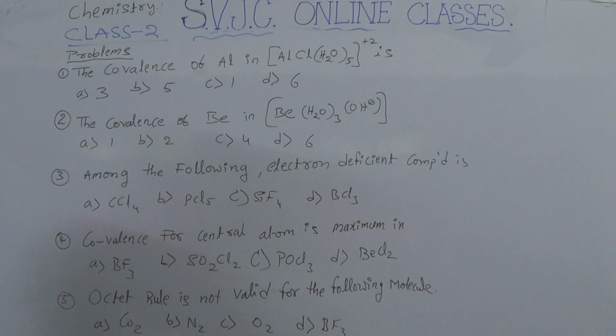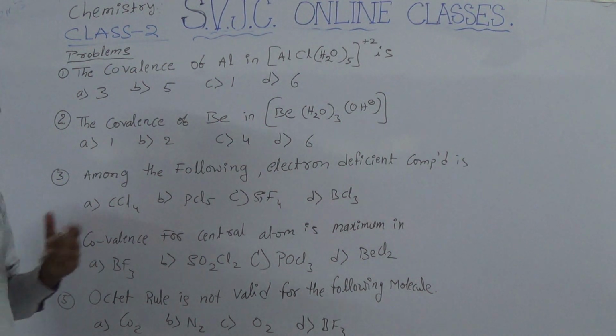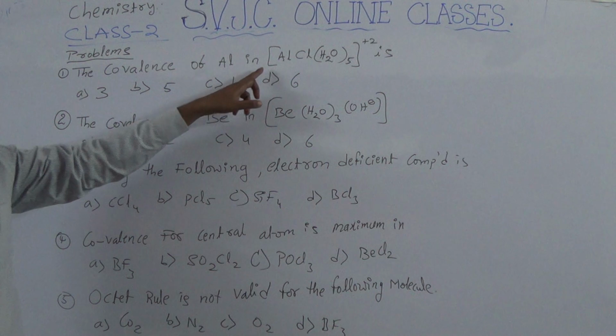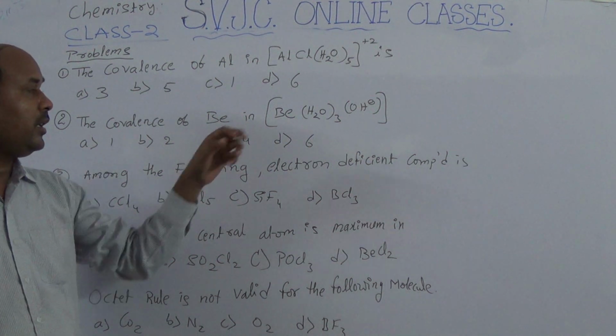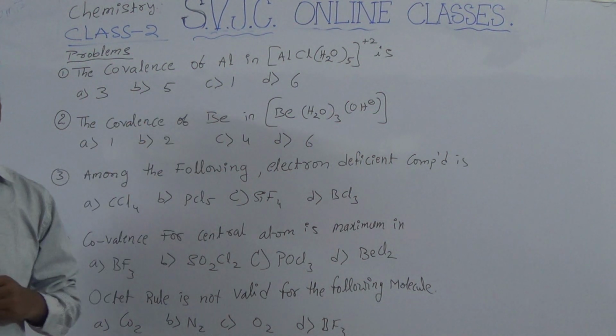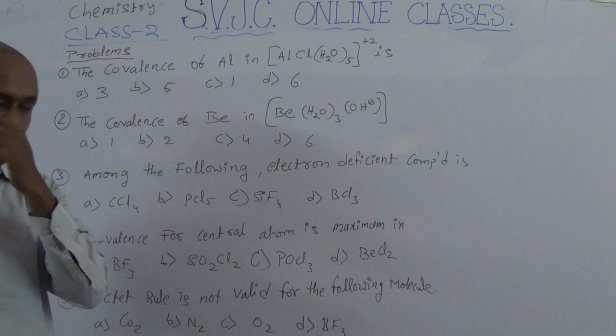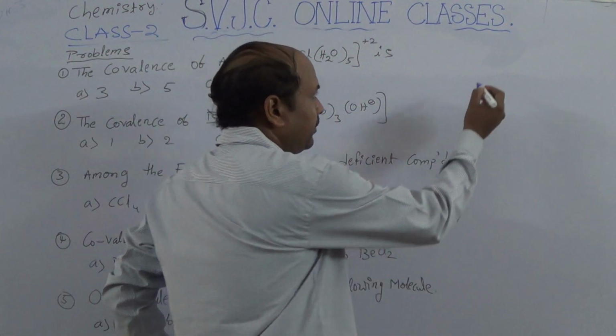Once observed, the given compound is an example of a complex compound. You already learned this in the coordination chemistry topic, and based on that, here we use Werner's theory. According to Werner's theory, we have two types of valencies, primary valency and secondary valency.